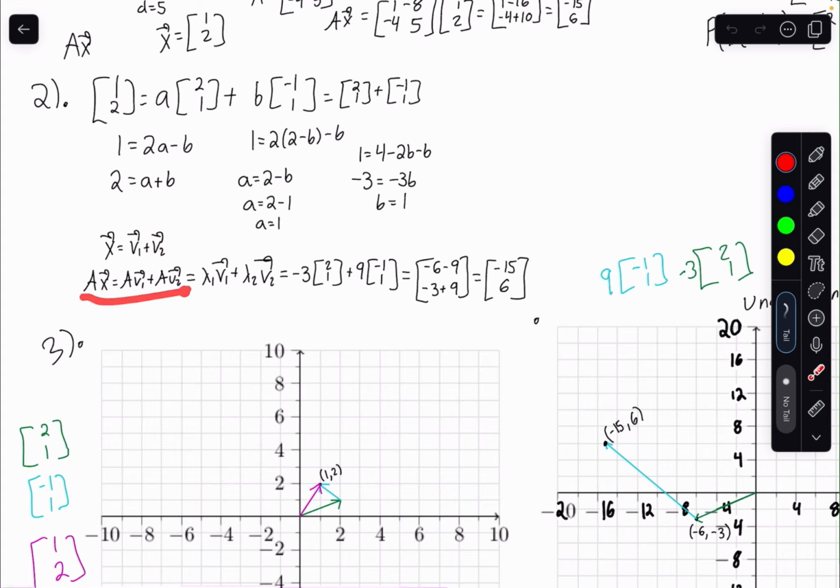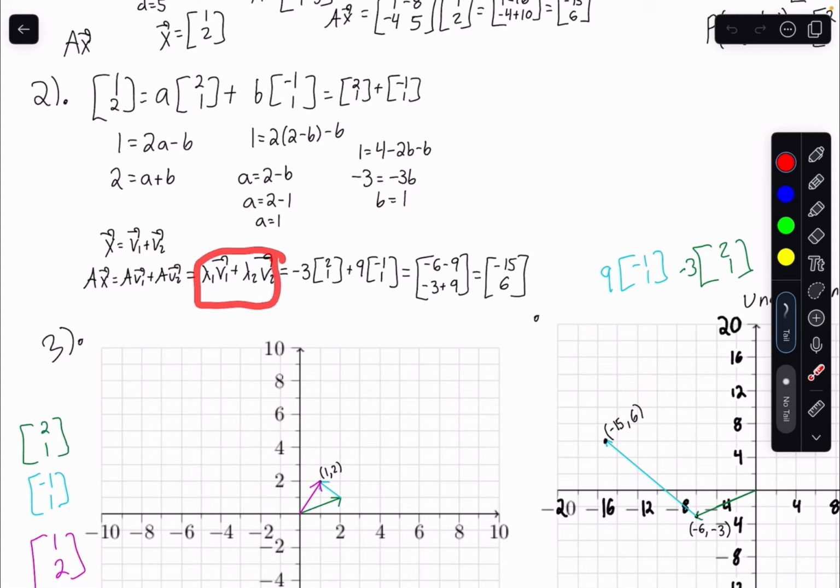And then I was just like, okay, this is what that means. And that means this. And then I can put my eigenvalues in front of my eigenvectors and add them, eigenvalue 1, eigenvalue 2, and then get this.